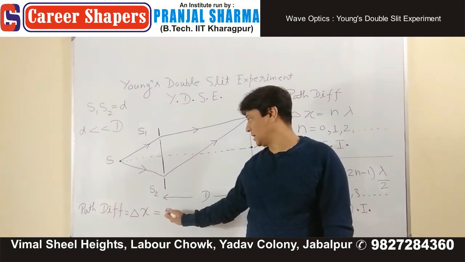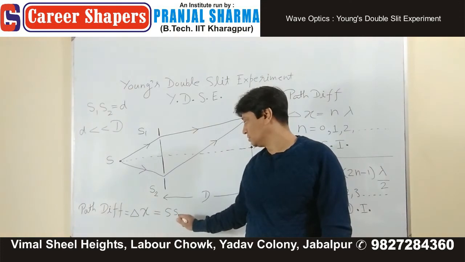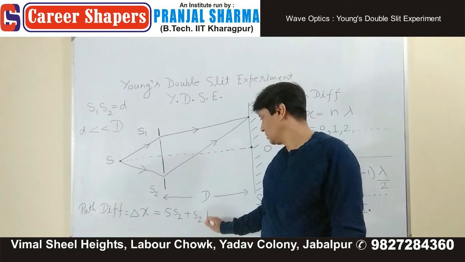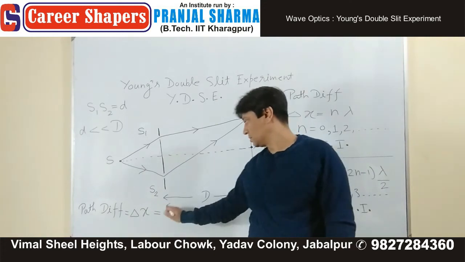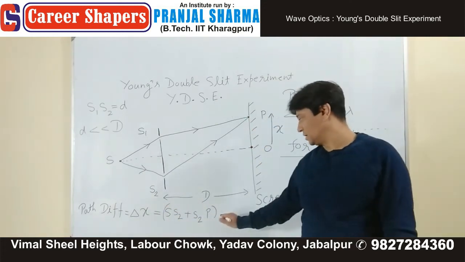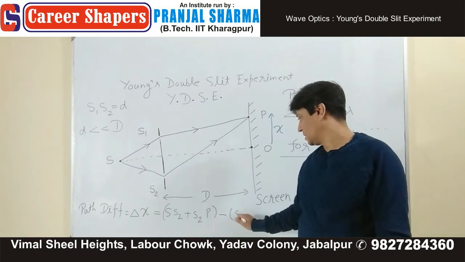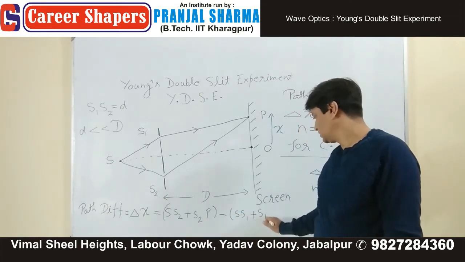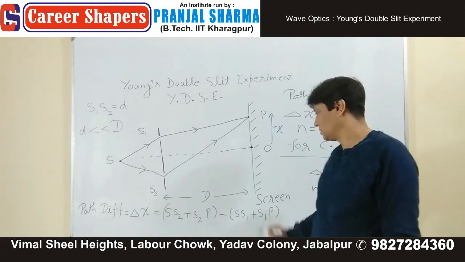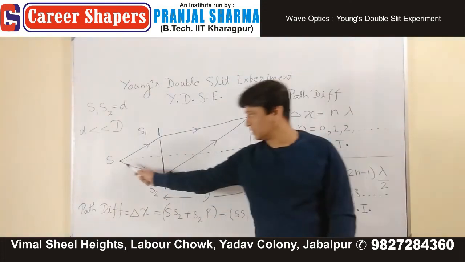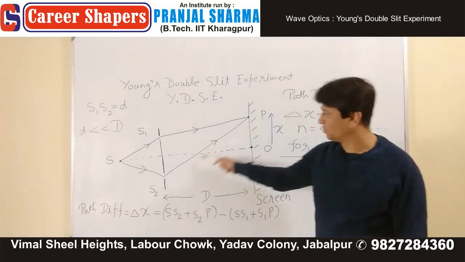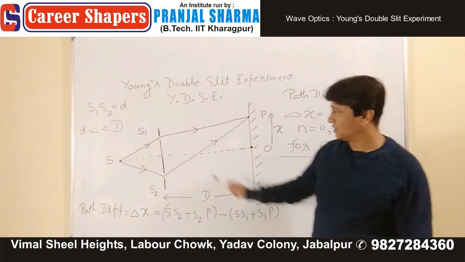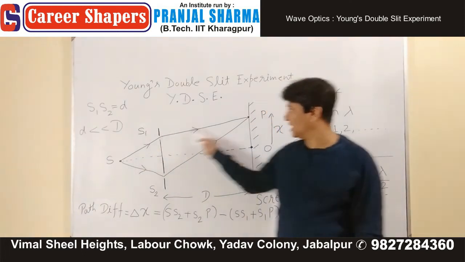This is SS2 plus S2P minus SS1 plus S1P. What is the first? This path SS2 plus S2P. I've taken the larger path first. And the smaller one is what? SS1, S1P.